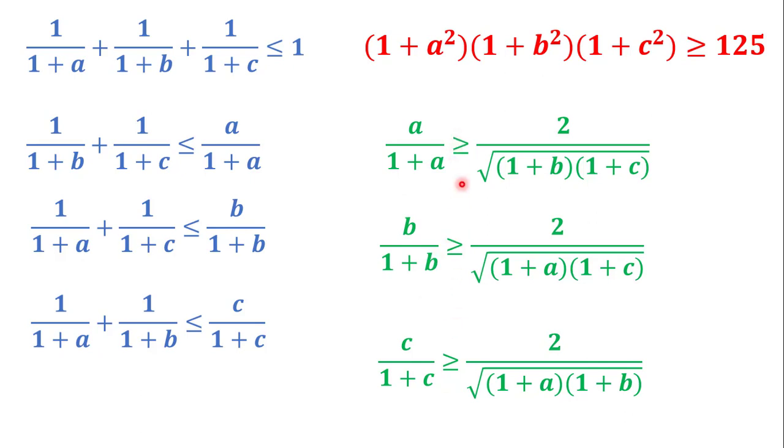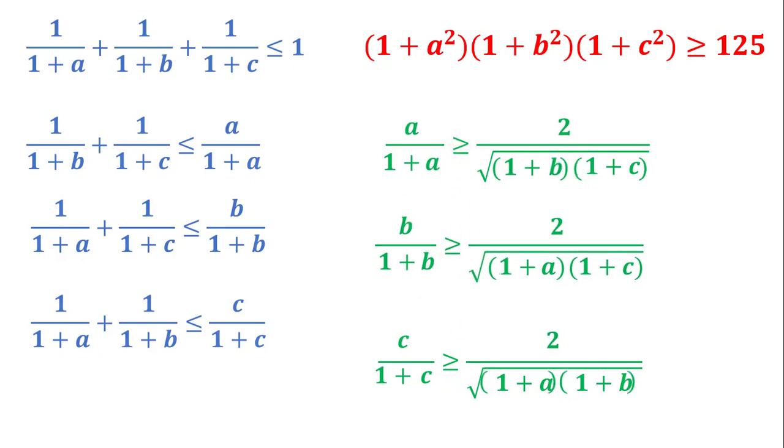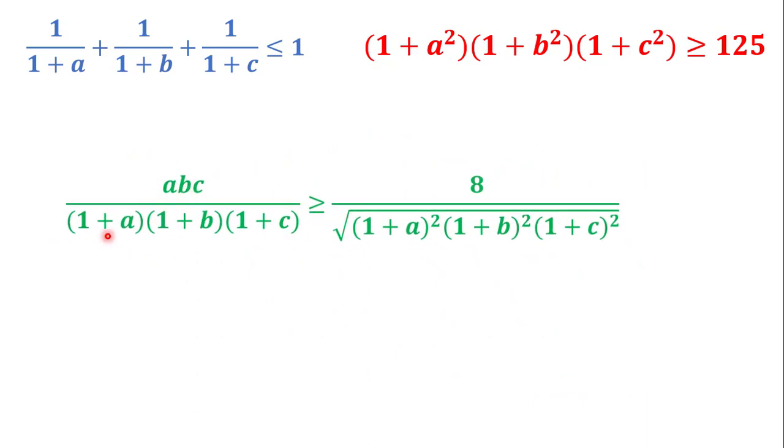By multiplying these three inequalities, we're going to get abc over 1 plus a times 1 plus b times 1 plus c is greater than or equal to 8 over the square root of 1 plus a to the power 2 times 1 plus b to the power 2 times 1 plus c to the power 2. The exponent of 1 plus a is 2, and this exponent and the index of the radical cancel out, so 1 plus a comes out from the radical.